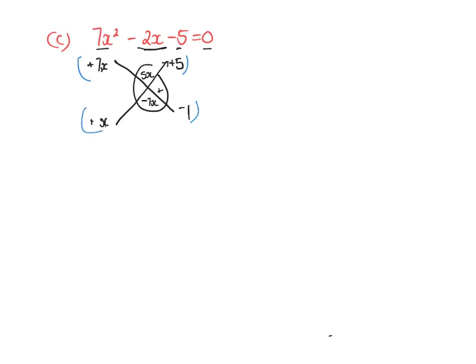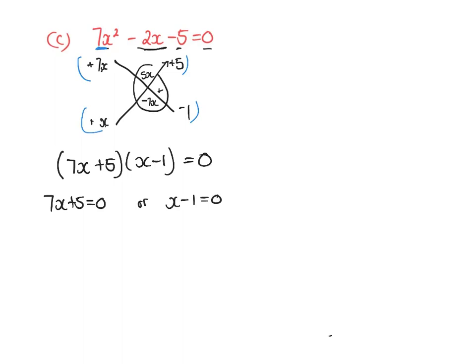You can see when we have a number in front of this x squared term, it's very important, the setup of the cross method, so that you get your brackets right. Because the brackets are actually 7x plus 5 and x minus 1. And we're going to let that equal 0. So now the null factor law states we can let each of those brackets equal 0.